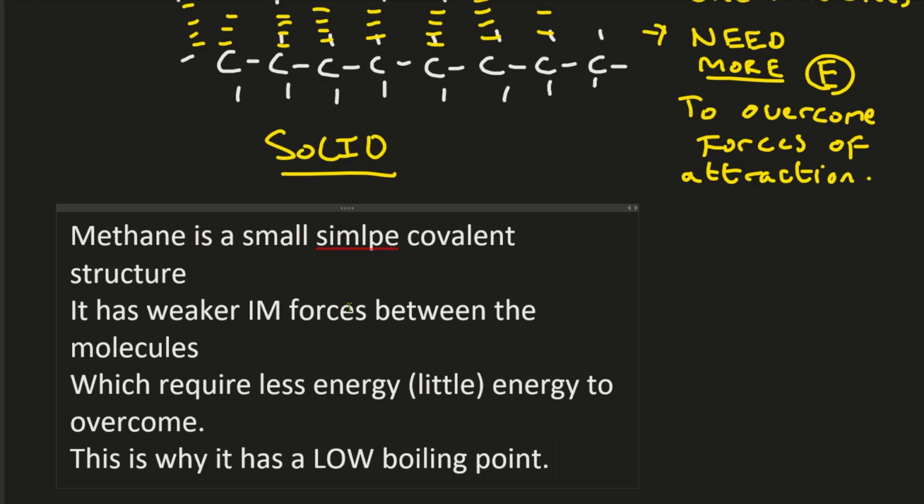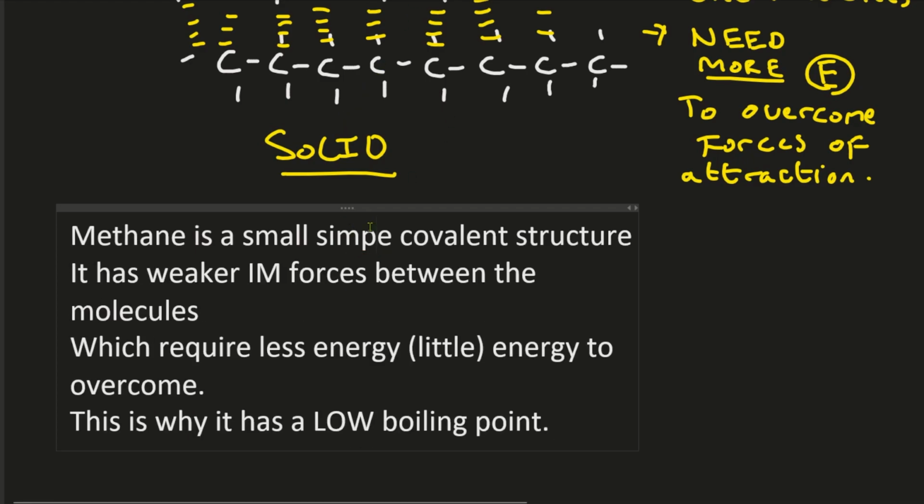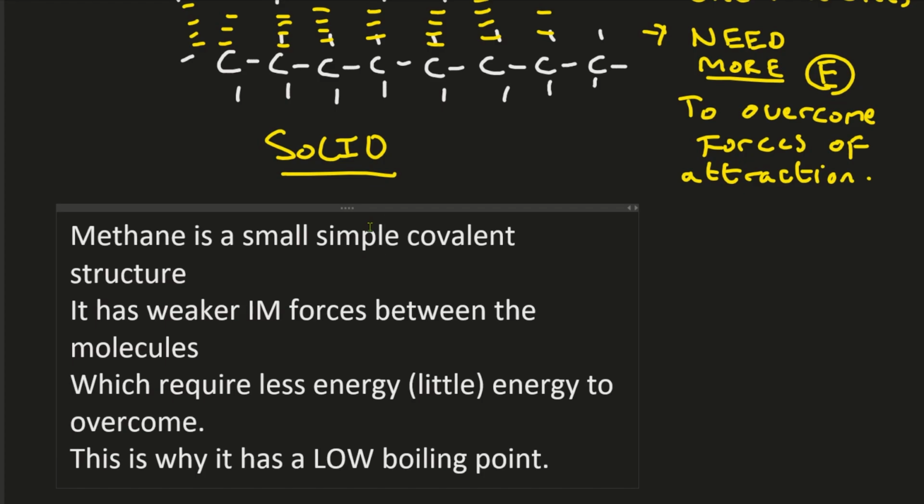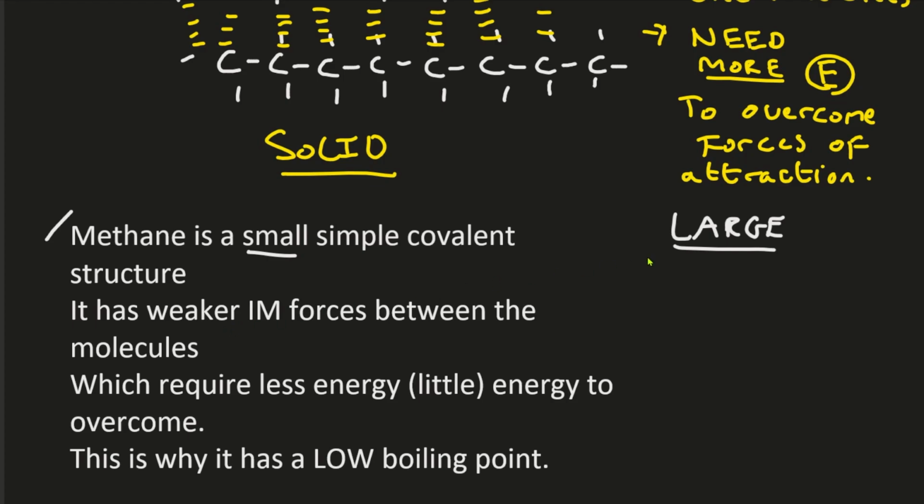And then the opposite would be true for polyethene. So I don't need to write that down. Just make sure you can spell correctly, and make sure you've written down those key elements. The key elements are that methane is a much smaller structure. If you were to write for polyethene, you would say it's a large molecule comparatively. The second mark is that instead of having weaker intermolecular forces between the molecules as in methane, you'd have stronger intermolecular forces between the molecules.